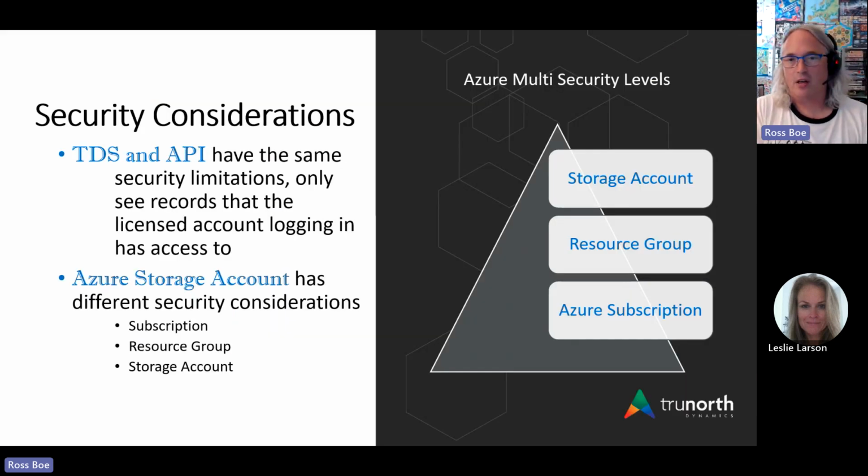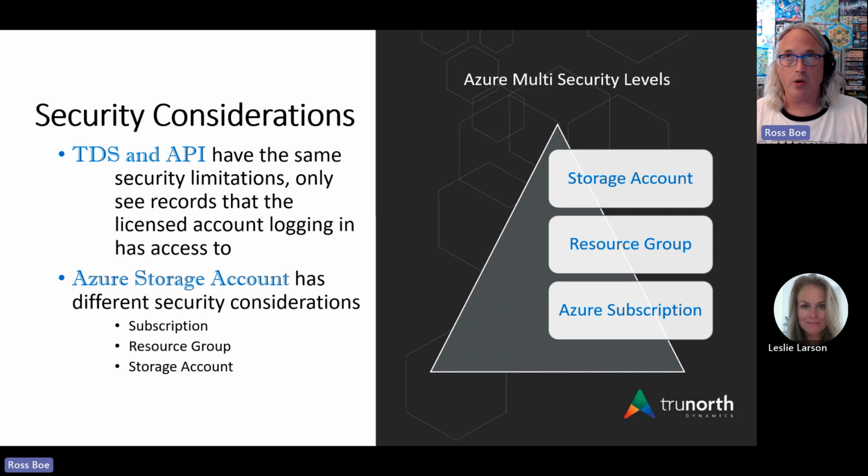The first thing we have to talk about is security, because security is something we always have to be cognizant of. The TDS and API, and the Azure Storage Account, have two different security models. When I'm connecting with the TDS or API, whatever security roles are assigned to the account I'm logging in as determine the permissions I have.